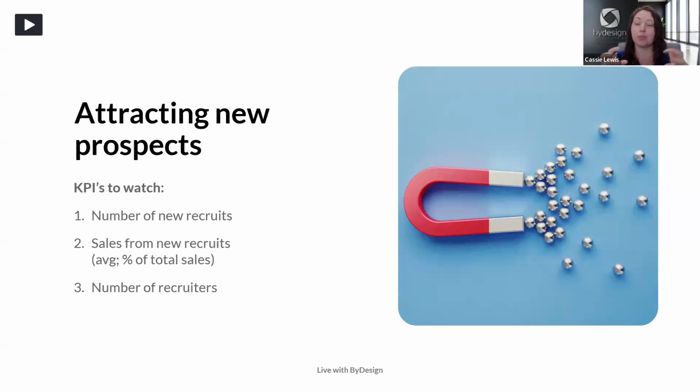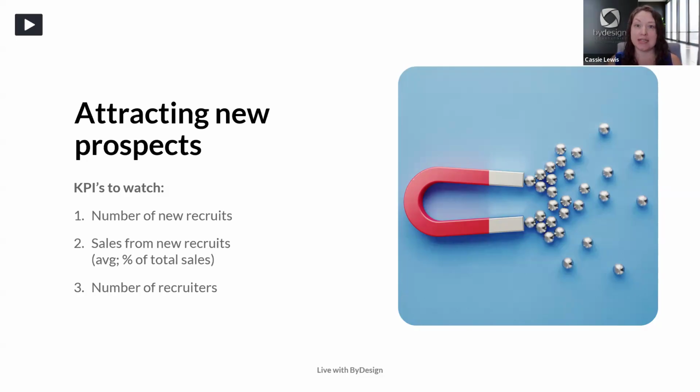Because as your pool of recruiters drops, eventually your number of new recruits will follow suit. You want to make sure that at the very least you're maintaining your pool of those who are sponsoring, and if not, growing that pool.